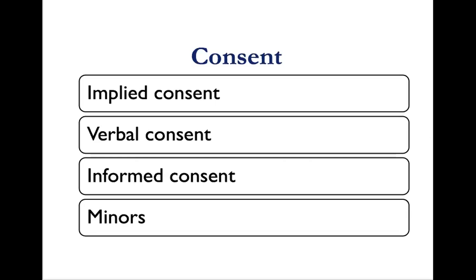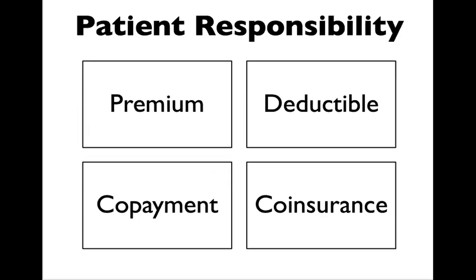So if Medicare says we have to keep records for 5 years, but the state of Illinois says we have to keep records for 7 years, we're going to follow the state of Illinois' requirements.